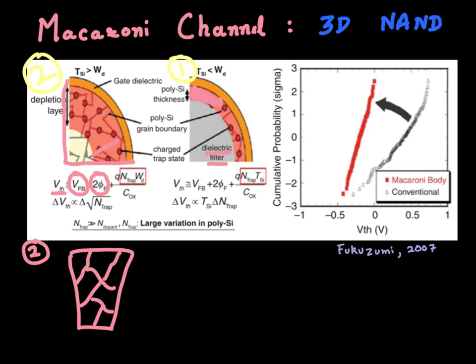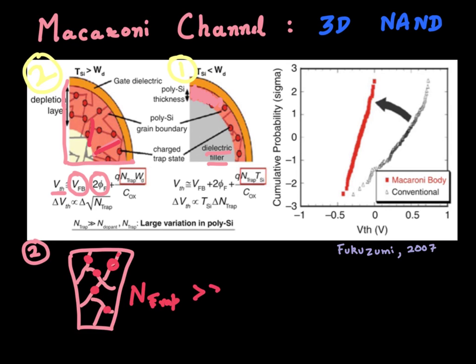Shown in these red lines over here are these grain boundaries. And these grain boundaries are active sites for trapping of charge, and you denote this by a trap density number, which happens to be pretty high.